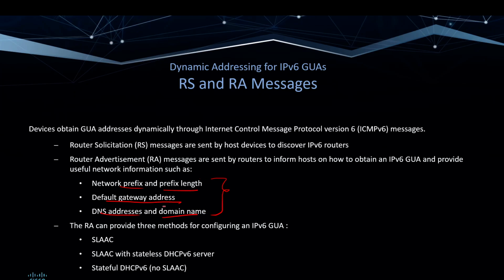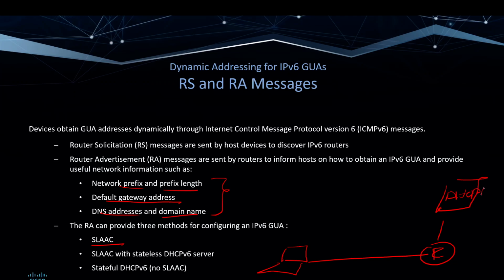The host could get this information through SLAAC. With SLAAC, the host itself, the PC, contacts the router, and there is also DHCPv6 here. The host sends an RS message to the router, asking for the prefix and all the information.